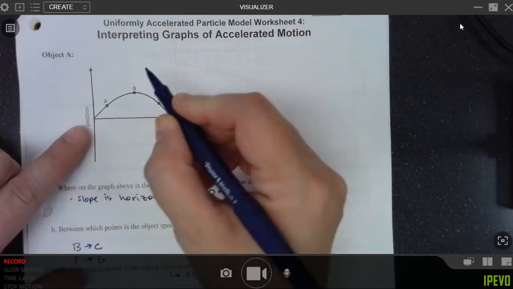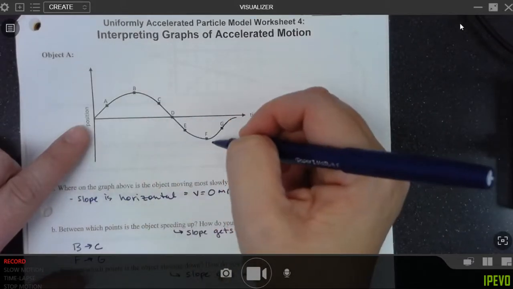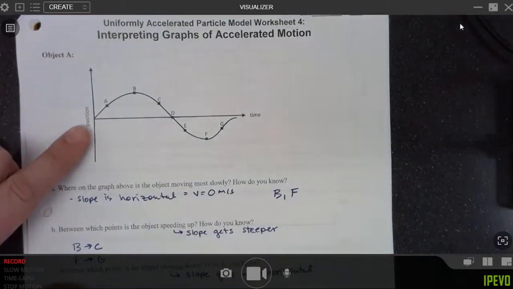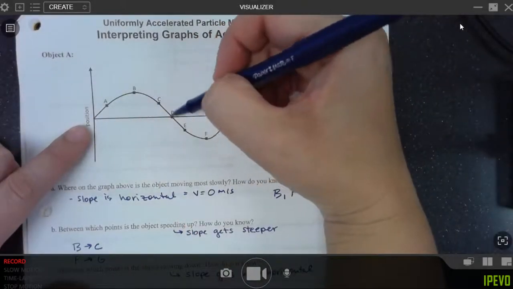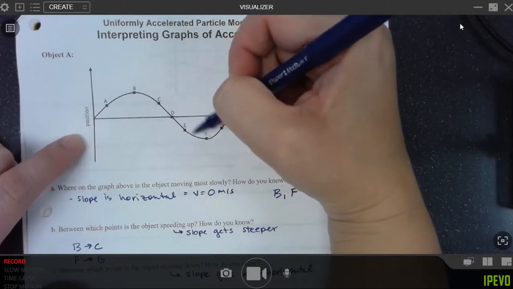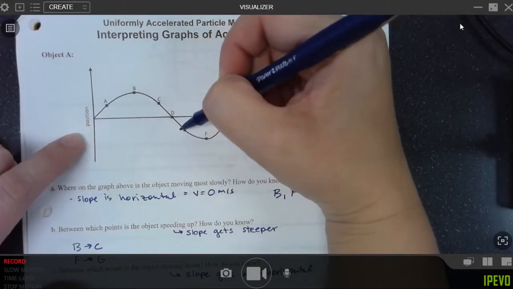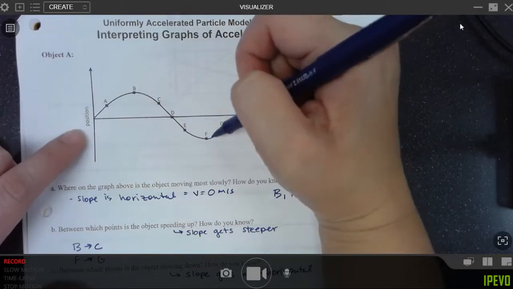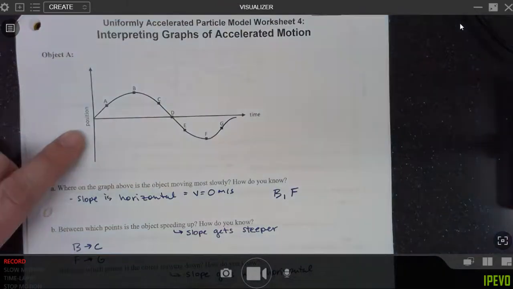And then from B to F, we have a negative direction. So one place it's going to change direction is B. The other place it's going to change direction is if we're moving in the negative direction, because our slope is negative, through F, and then our object starts to move in the positive direction, that's another turning point. So it's going to be B and F.